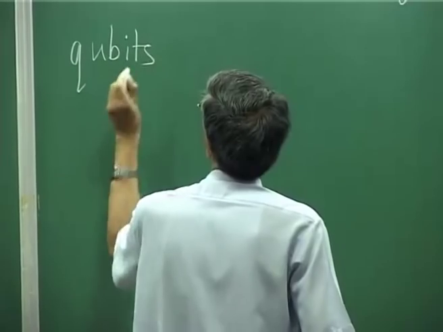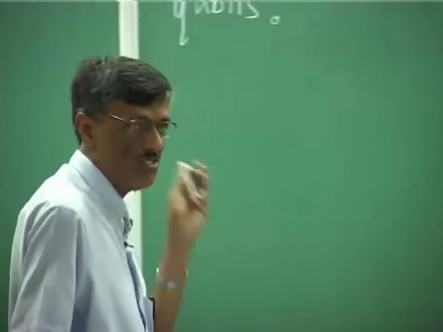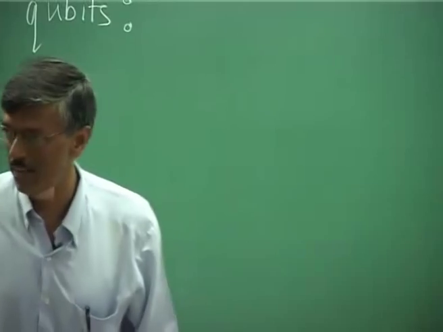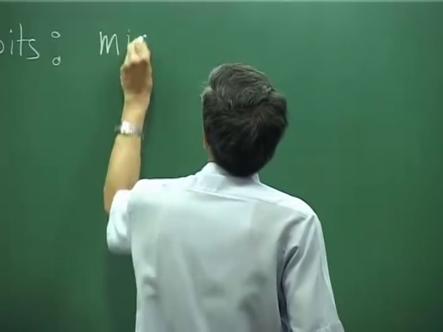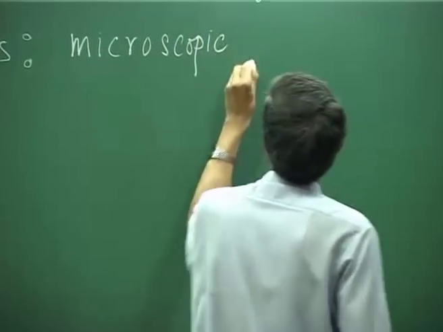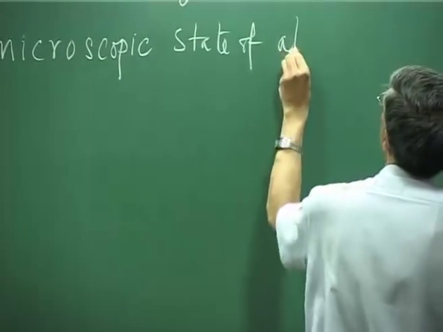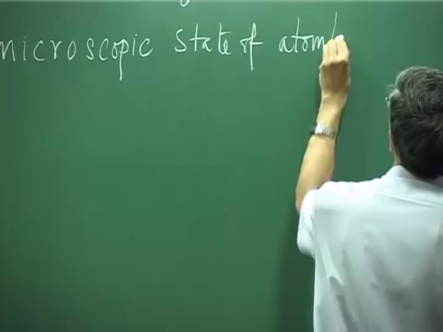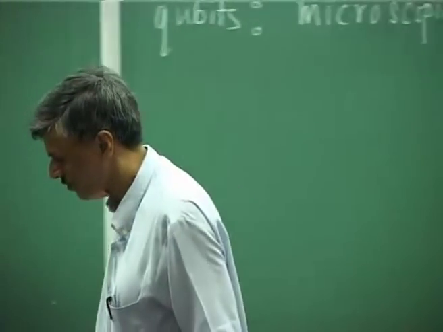qubits. Now, qubits are basically quantum states of a microscopic system, like the electronic state of an atom or ion. So, this basically is a microscopic state, atom or ion, whatever we do.